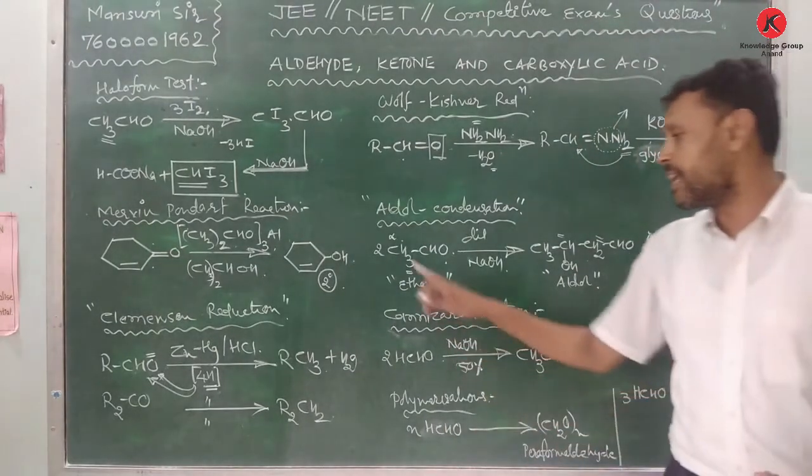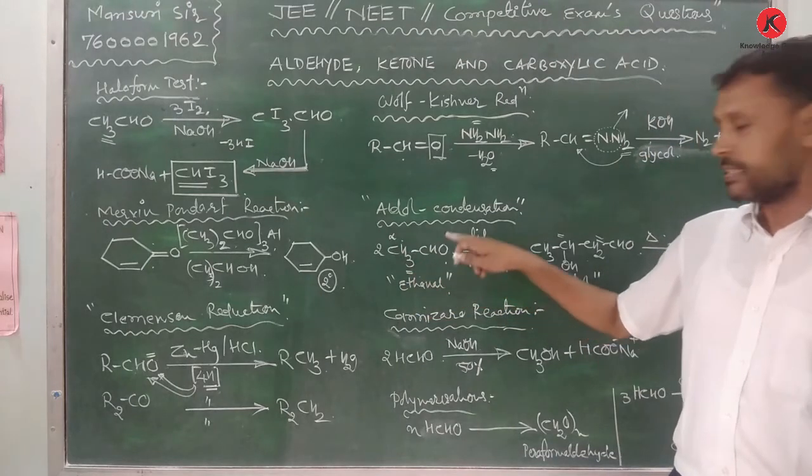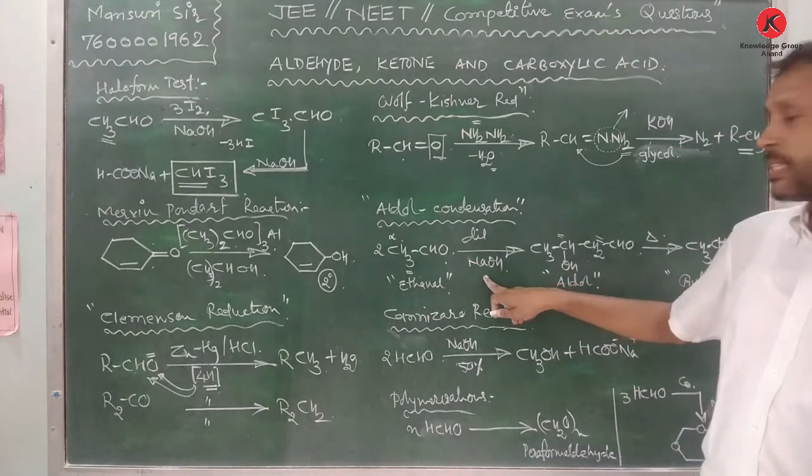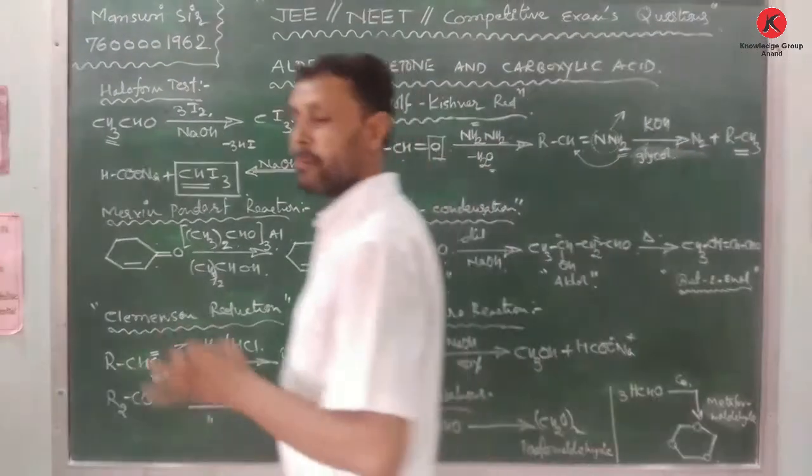When alpha hydrogen is present in any aldehyde, then it reacts with dilute NaOH and forms aldol. Thereafter by heating it forms butenal.